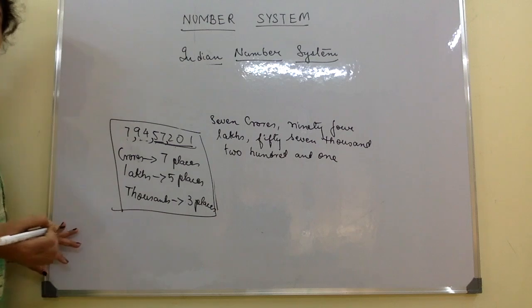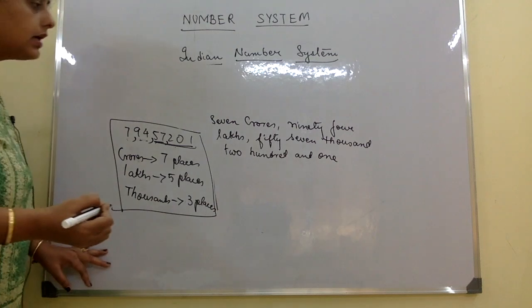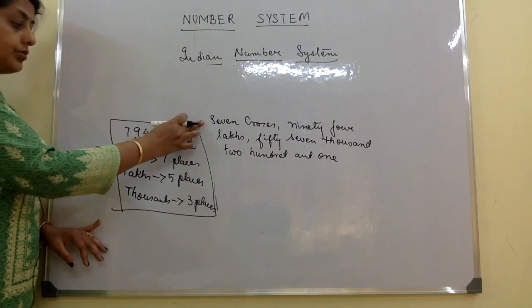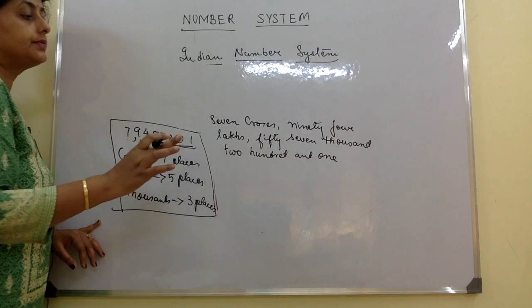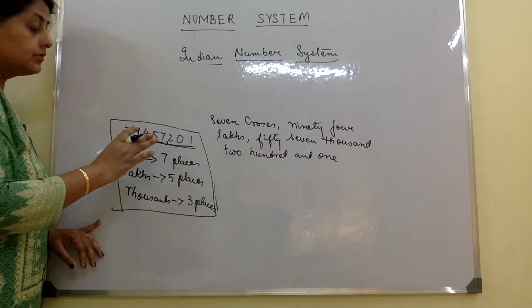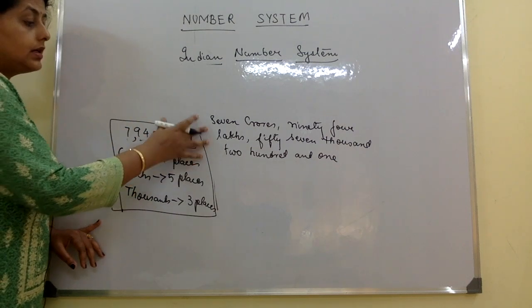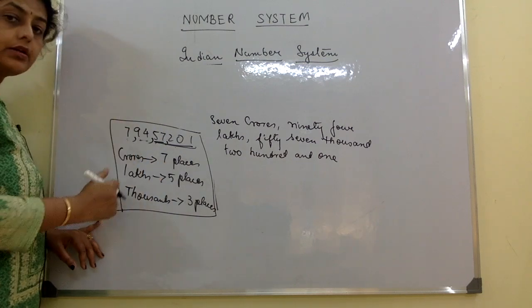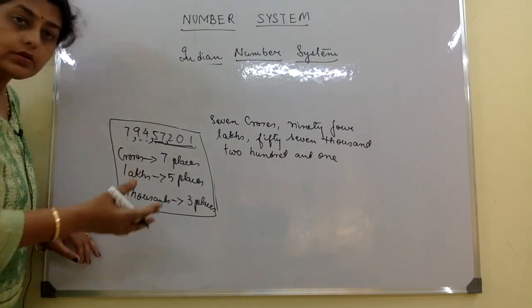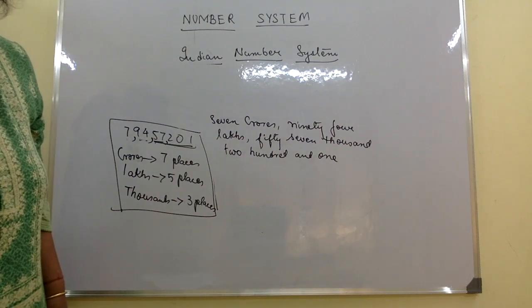Okay, so this is 7 crores 94 lakhs 57,201 is the writing in words. Okay, now let me take one more sum quickly and show you how it is written in words.